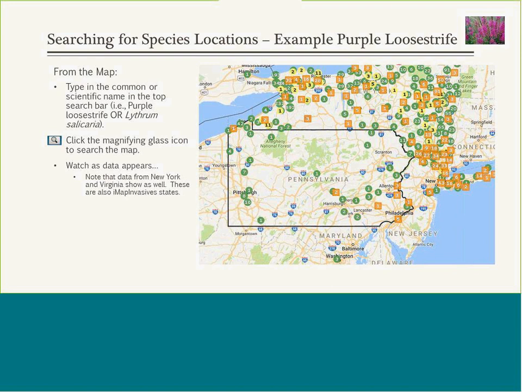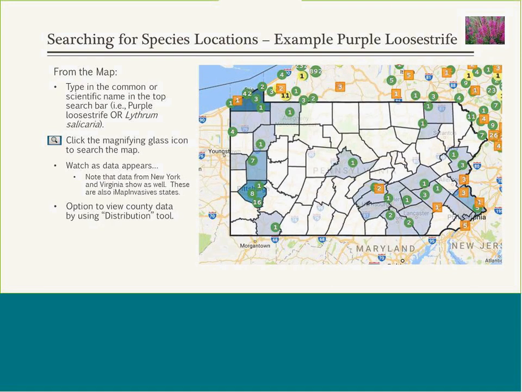What you would have to do is log out, request a login account from that other state, and then log into their database in order to see the more specific details according to that record. But at least from this perspective, you can get an understanding of where these species are being found in areas surrounding Pennsylvania. So a nice way to look at the information.